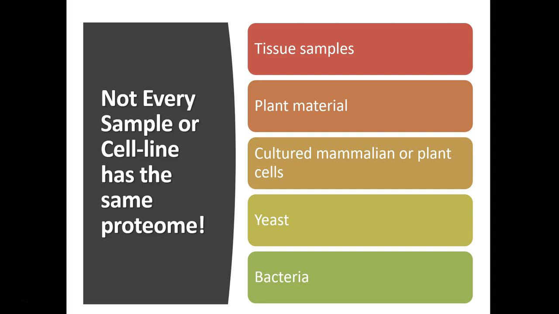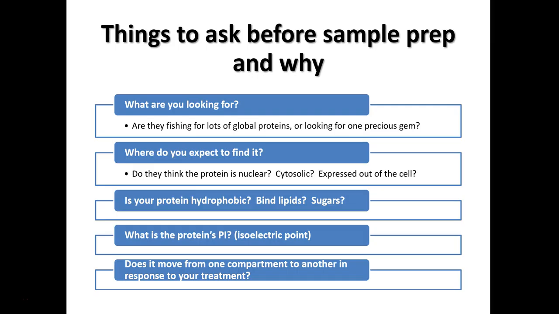The basic questions we need to ask would be the same regardless of where we are getting these proteins extracted from. So some of the things that we need to think about as we design our experiments are, first of all, what is it that we are going to be looking for?